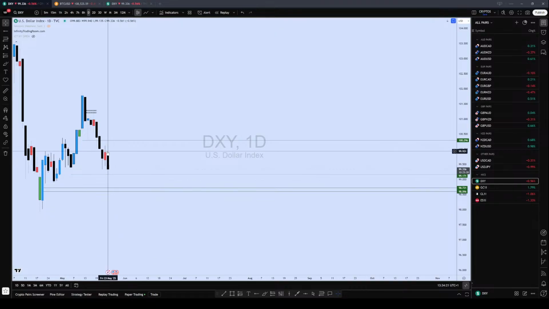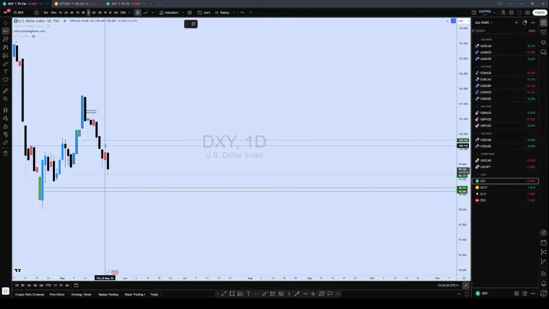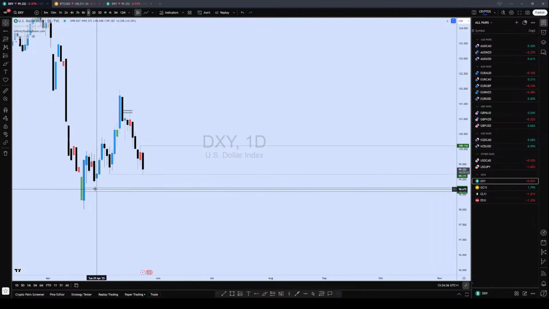This up candle and the high is where the high of next week is likely going to form. And then where is it going to go? It's going to go here. I've already highlighted where it's going to go.